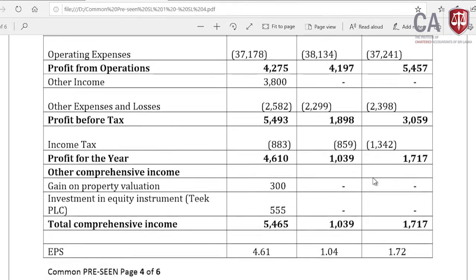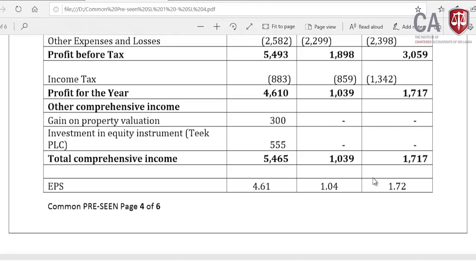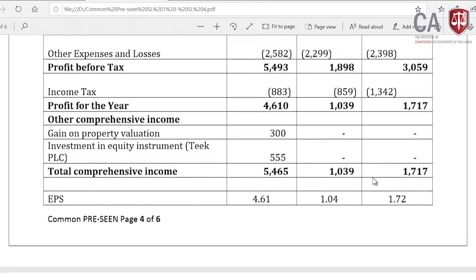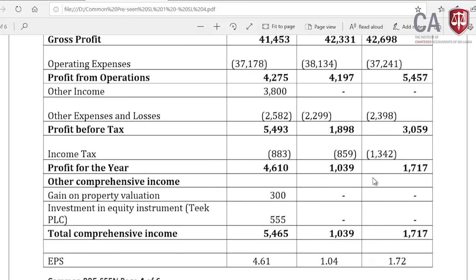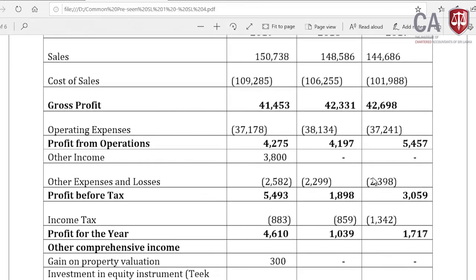Then we will look at the profit for the year: 2017, 1,717, 2018, 1,039, it has declined, but 2019 it has again increased up to 4,610.